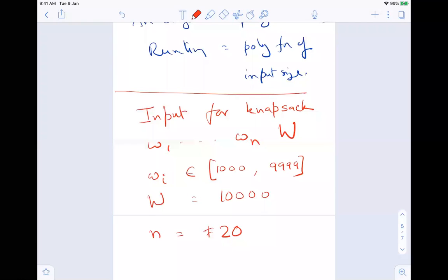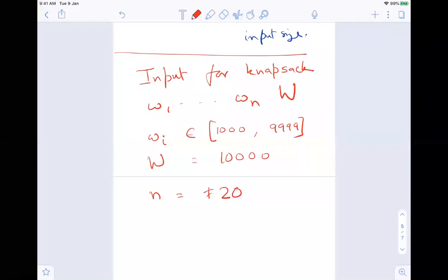What is the input size? Each number is 16 bits and we have n plus 1 numbers. Or if you want to think of it in the world of decimal, that is also fine. To specify Wi, you only need 4 digits.